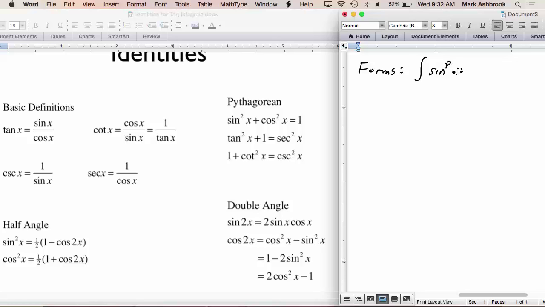Sine ax cosine bx, or tangent, or let's do A and B. P and Q is a little weird, but you do A and B. Anyway, so some power of sines, some power of cosines, or some power of tangents, some power of secants. Example.